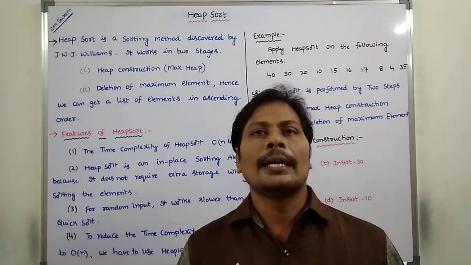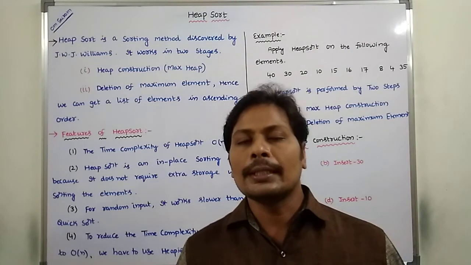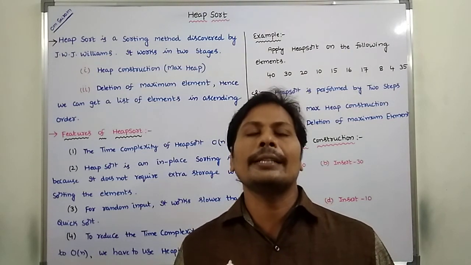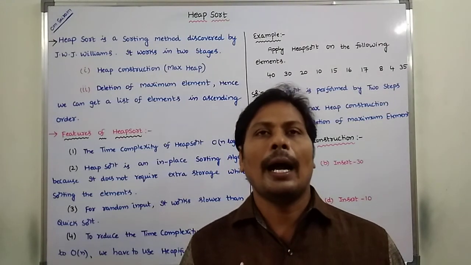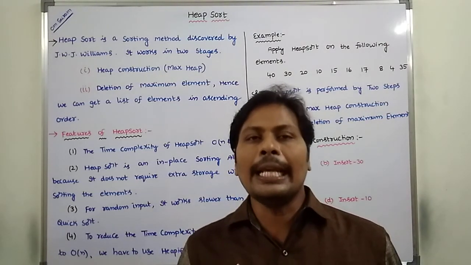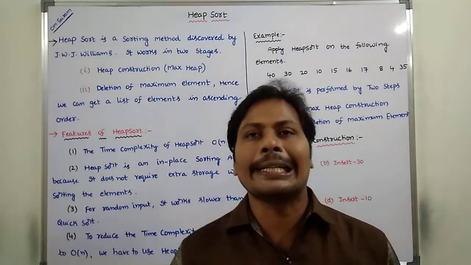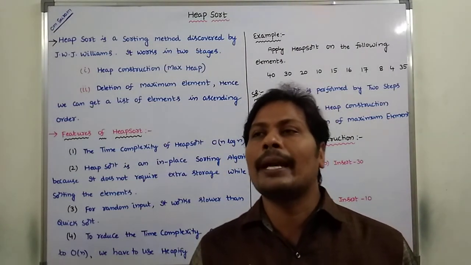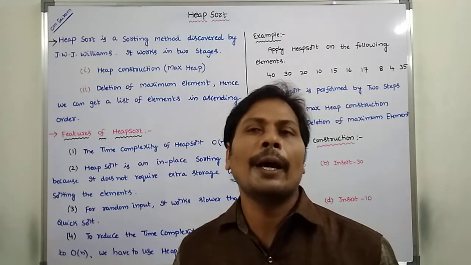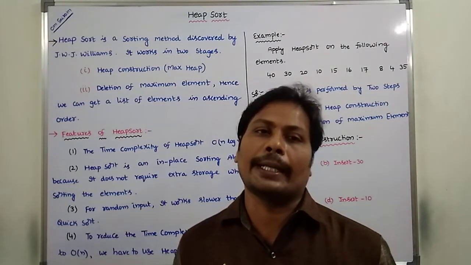First one is constructing the heap, that means constructing the maximum heap, and second one is deletion of maximum element. Hence, we get a list of elements in ascending, or sorted, order.